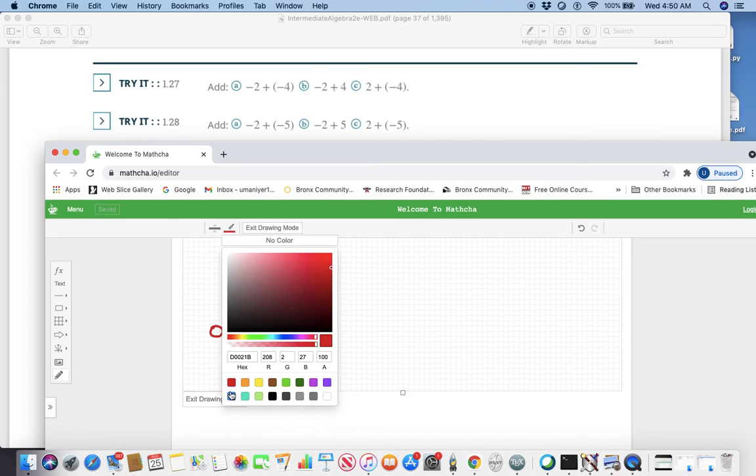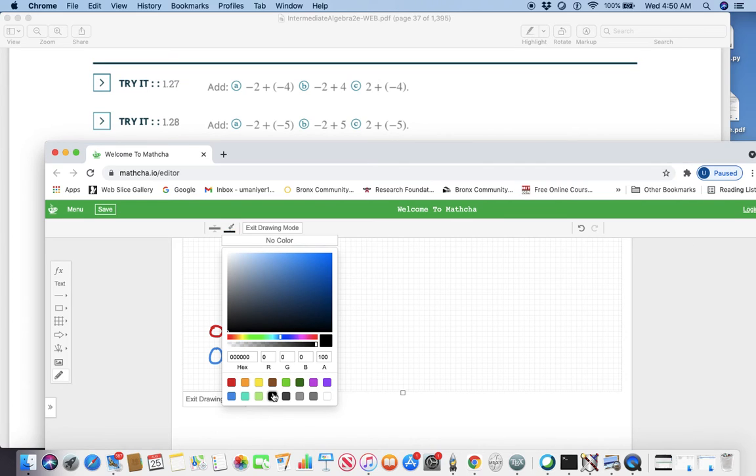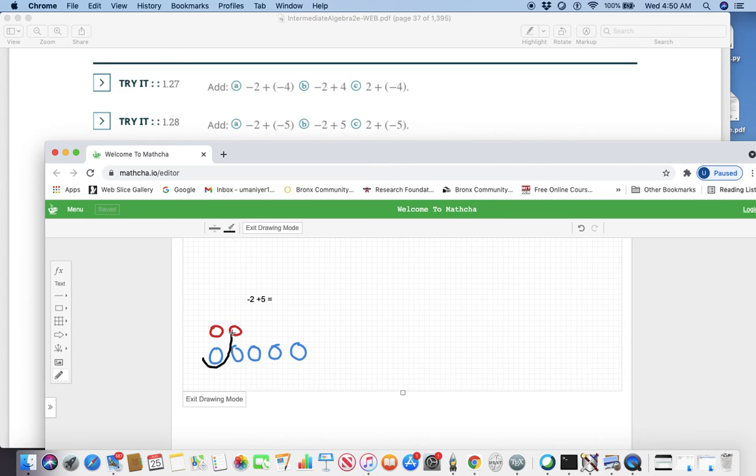So I need 5 blue counters. 1, 2, 3, 4, 5. Well, a negative and a positive, they cancel each other. That becomes a 0. This becomes a 0. So I have only 3 blue counters. 3 blue counters means it's a positive 3.